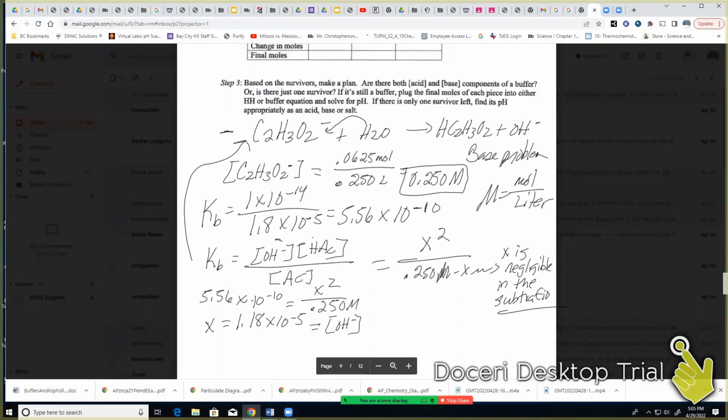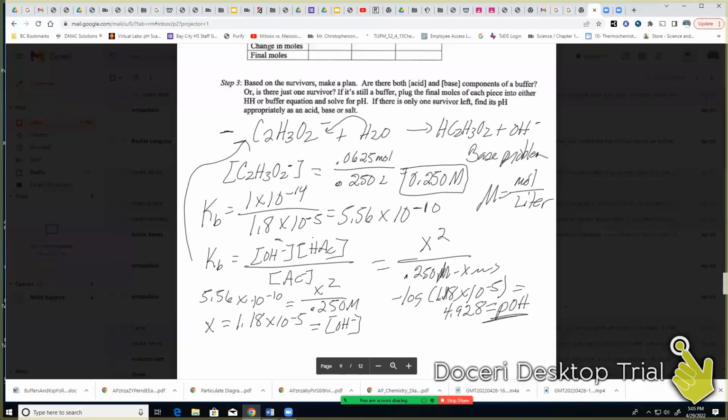That's not my H plus concentration. So I still need to go through all those little bitty steps, because I have done all the hard work. I'm going to say my negative log is going to be 1 times 10 to the negative 5th. And that's going to give me 4.928, which is equal to my pOH.